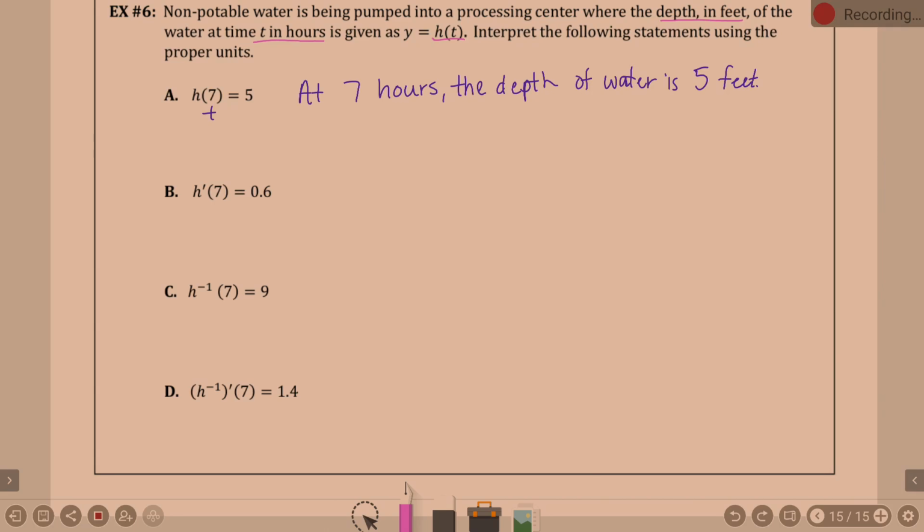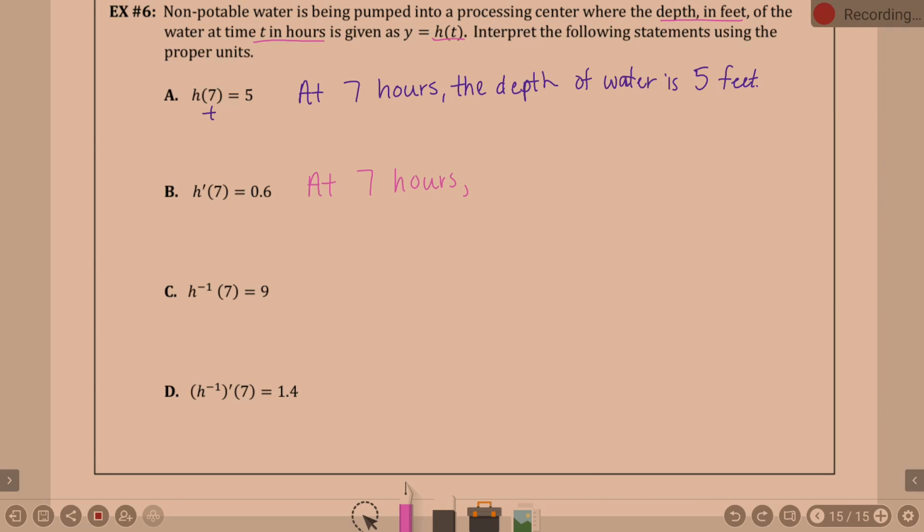Put it all together, and at 7 hours, I could say at t equals 7 hours, but I have mine as the depth of the water is increasing at a rate of 6/10 feet per hour.